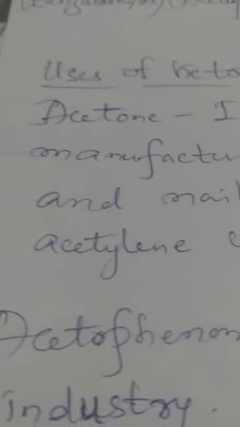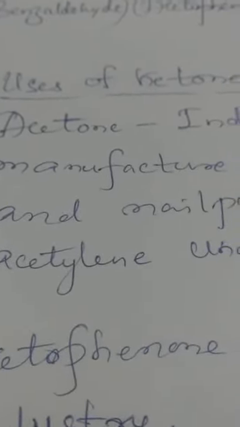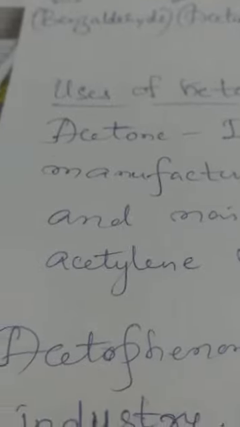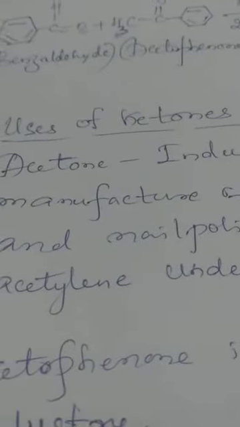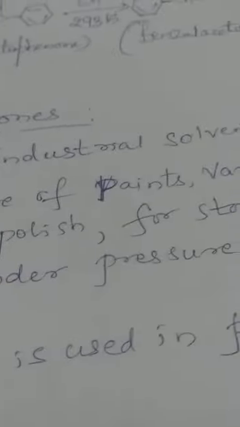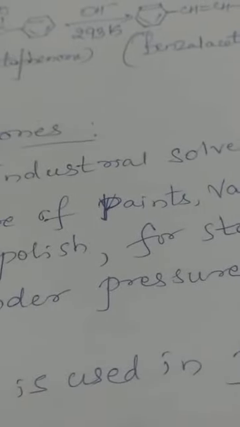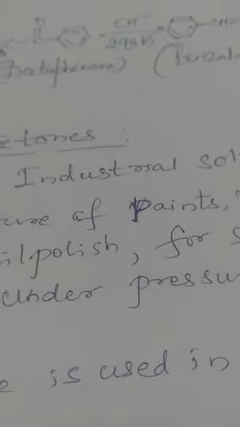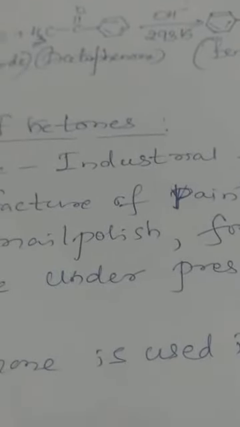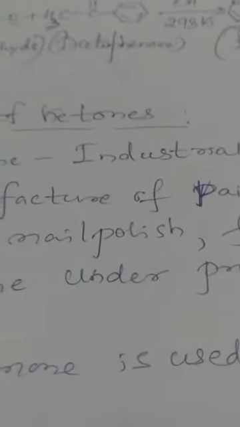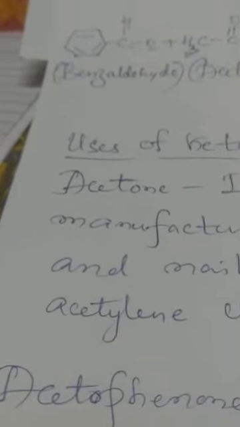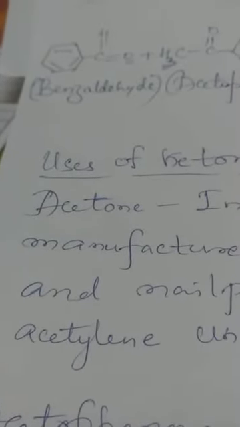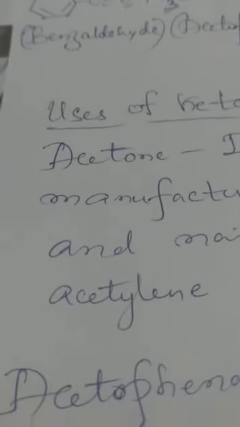I hope you all know what acetylene is. It is the first member of alkynes. Acetylene is the common name; ethyne is the IUPAC name. This acetylene gas is stored under pressure using ketones. So it is a very important use. And as you all know, the oxyacetylene flame, which is used for welding, requires acetylene gas. So these are the different uses of the aliphatic ketone acetone.